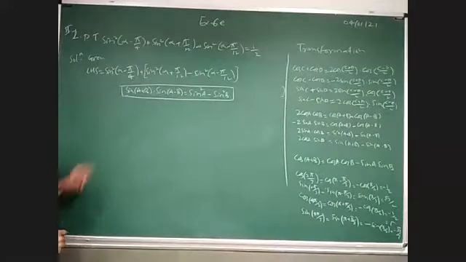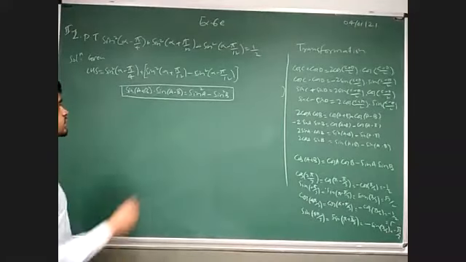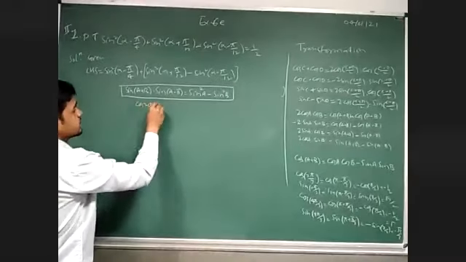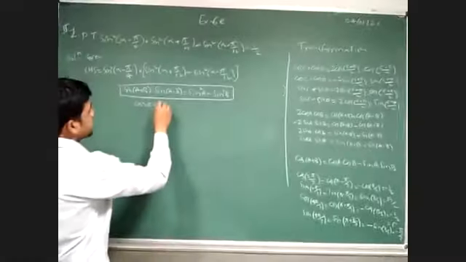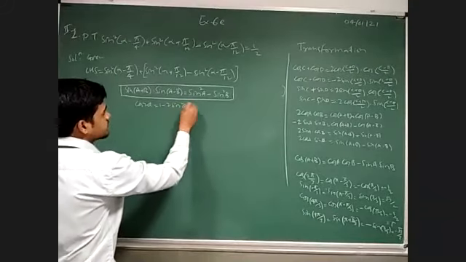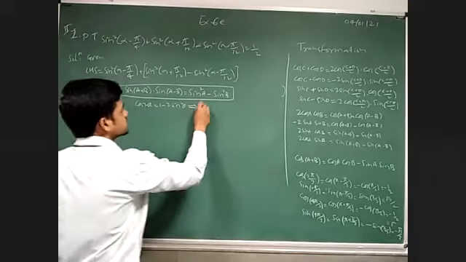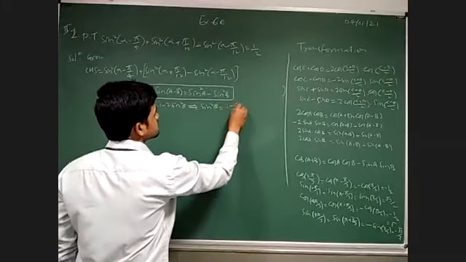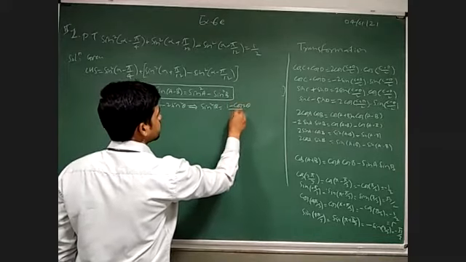Now just apply the formula, and one more formula we know: cos 2θ is 1 minus 2 sin²θ. So I am able to write sin²θ as (1 − cos 2θ)/2.